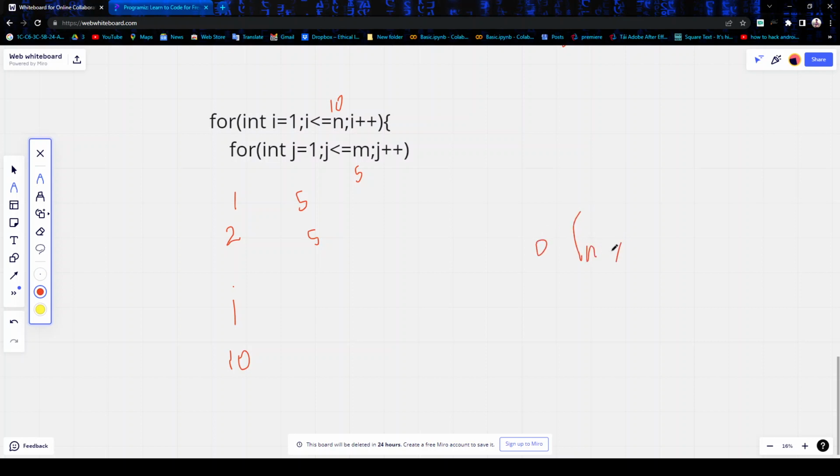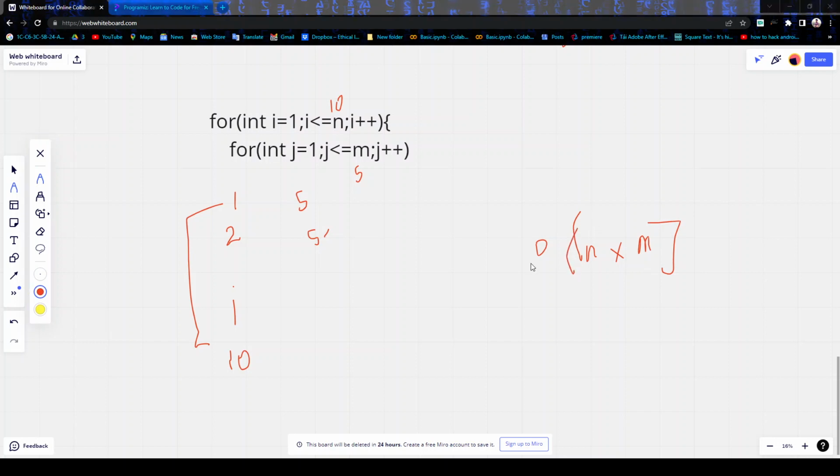This particular i will go up 10 times, and this particular value will go up 5 times. So the time complexity will be O of n cross m here. That is how we understand the time complexity easily.